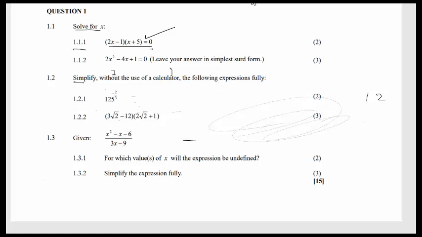Your intention is to get to the point where the answer will be equals to 0. So the bracket here: to solve for the value, all you must do is take 2x minus 1 is equals to 0. Now, once it is solved, transpose, and then you divide it by 2 on both sides.